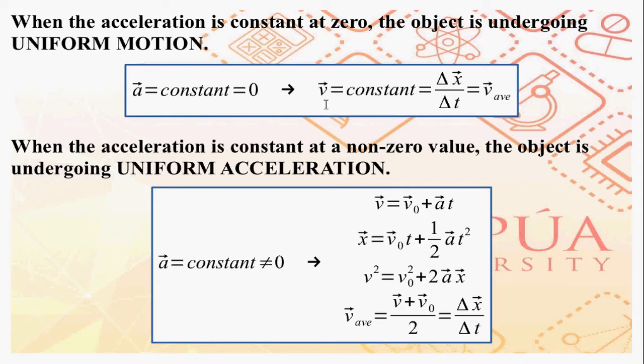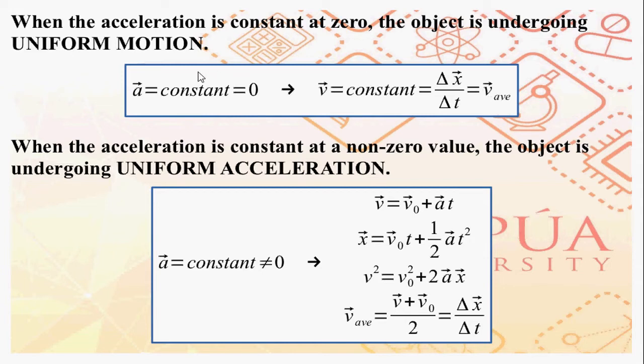And for constant velocity, v is just equal to the change in position, so you have displacement, delta x, divided by delta t. Change in position divided by change in time. And the velocity is also equal to the average velocity of the object.